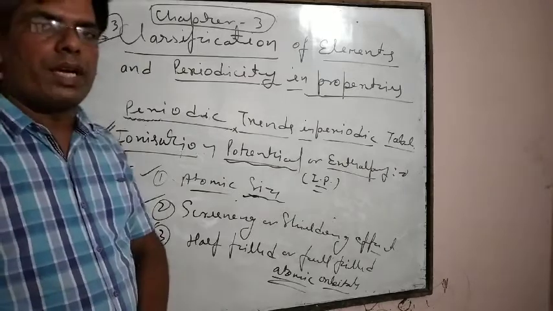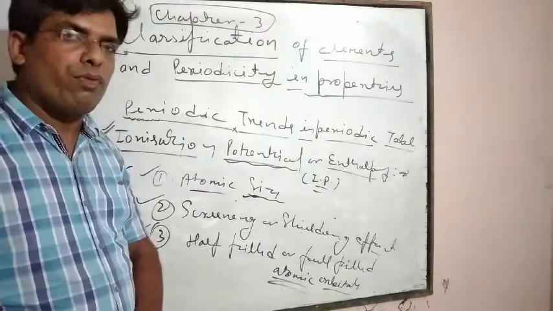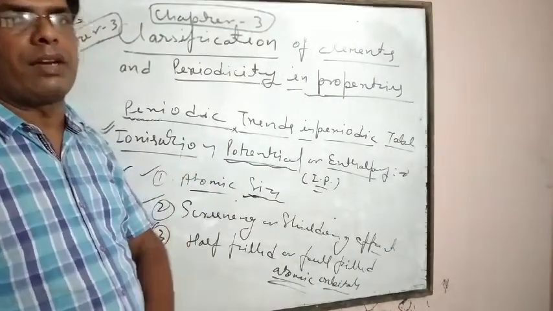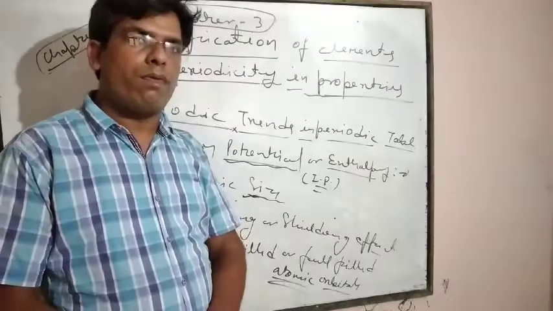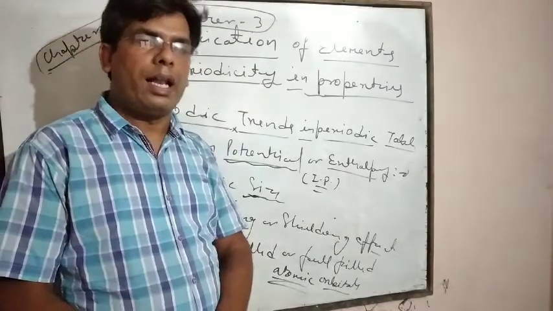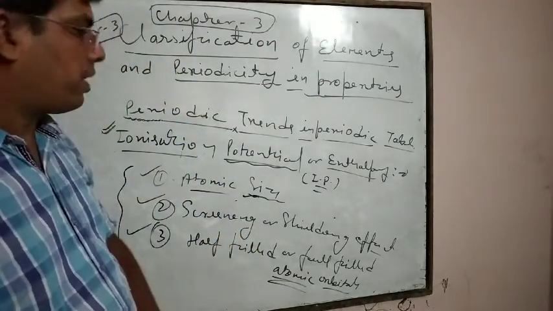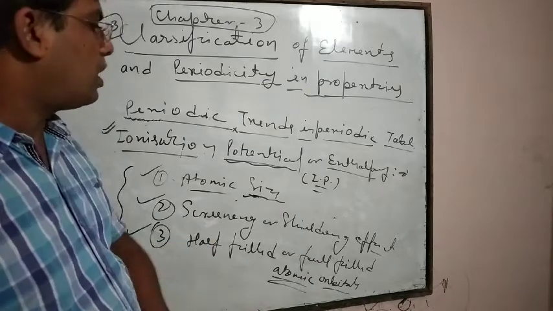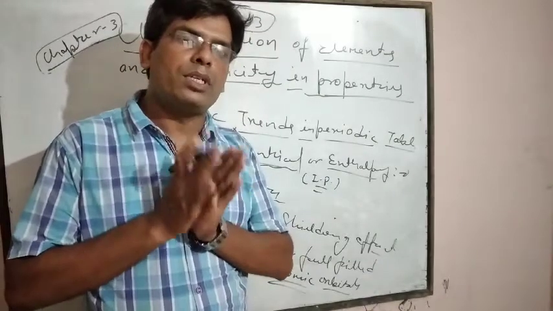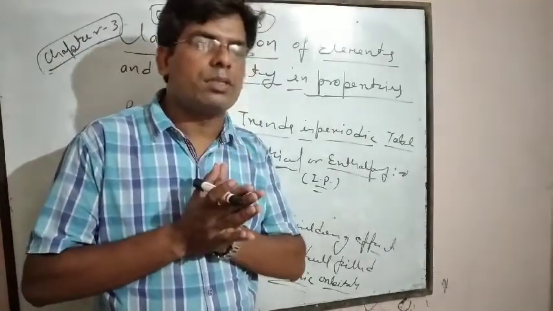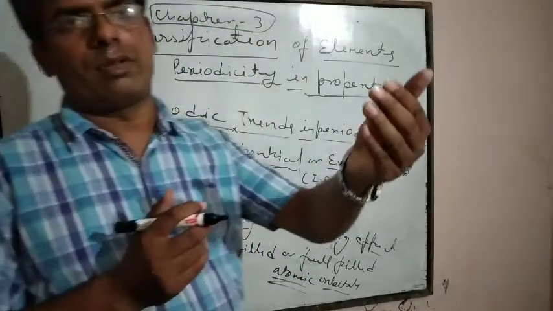Due to the presence of inner orbital electrons, a type of repulsive force is applied on valence shell electrons.